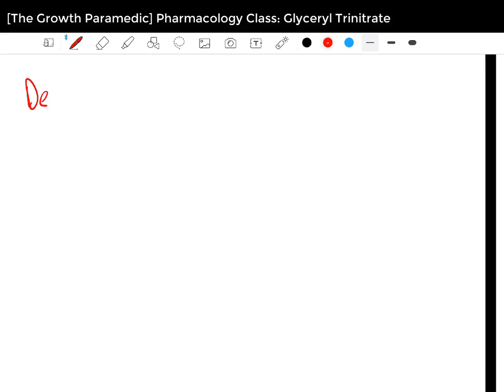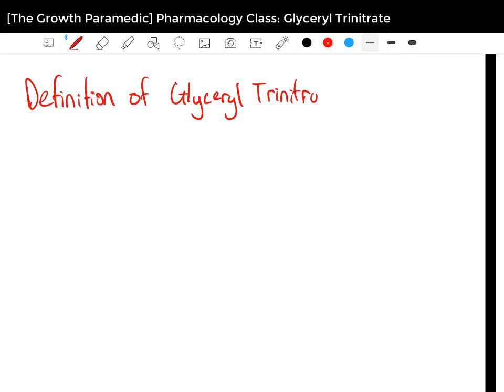So definition of glyceryl trinitrate. Now from here I'm going to be referring to it as GNT, as that's the most common way it's mentioned in the pre-hospital setting, as well as that I don't have to keep repeating that line over and over again. It does get a bit dull, unfortunately.